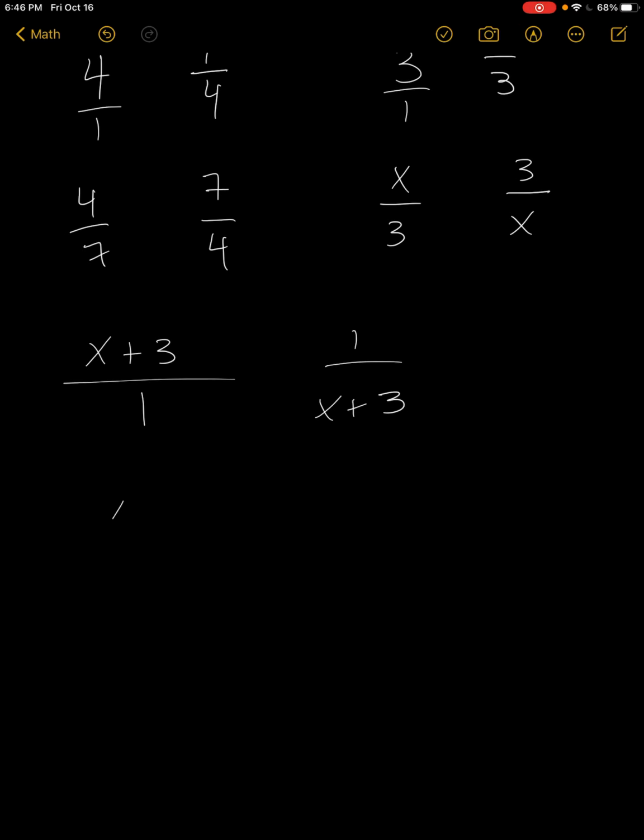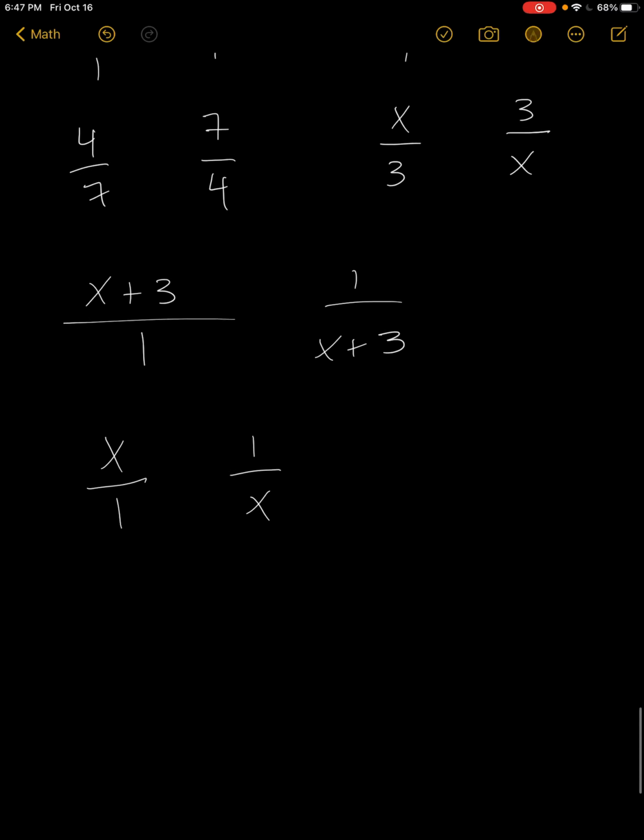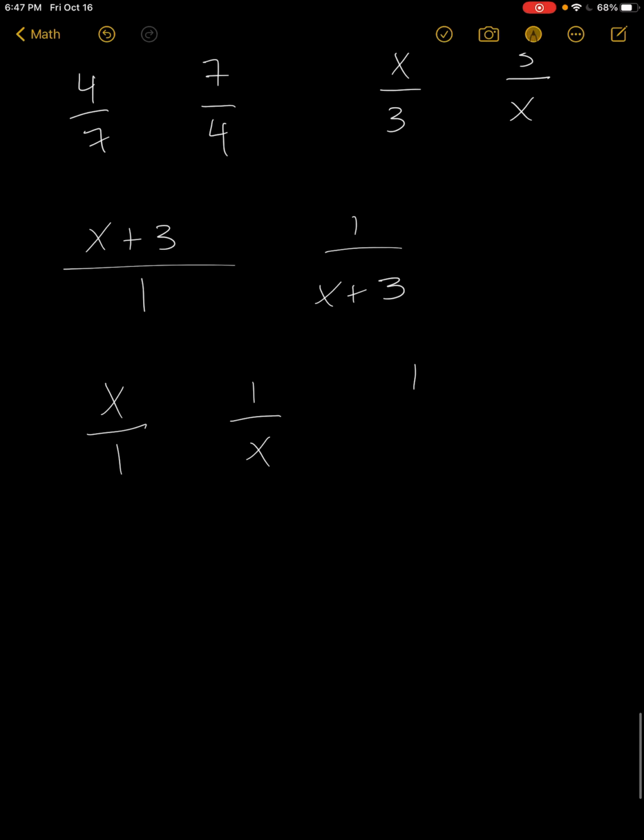How about the reciprocal of x? If we remember, we put it over 1, so the reciprocal of x should be 1 over x. The reciprocal of 1 over y squared will be y squared over 1, or you can just say y squared. Either way, it's the same thing.